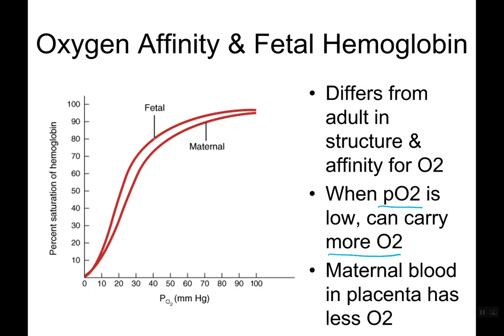So if you look at the fetal versus maternal oxygen and hemoglobin saturation curves, you'll notice that for the same PO2, let's say just for ease, 40, so I'm going to draw a line up to 40 here, at 40 millimeters of mercury partial pressure, maternal blood is going to be able to carry 75% saturation.